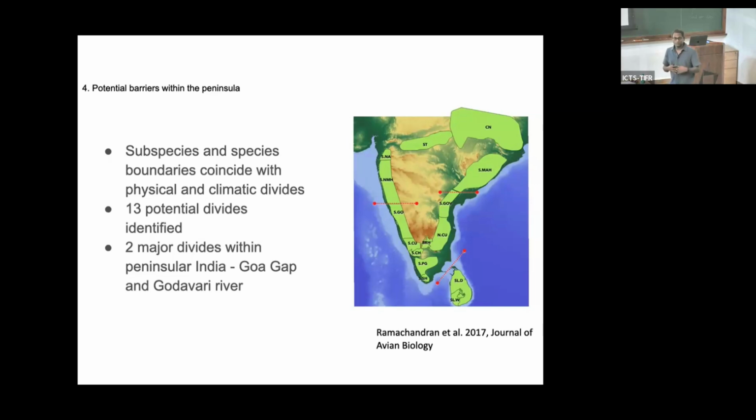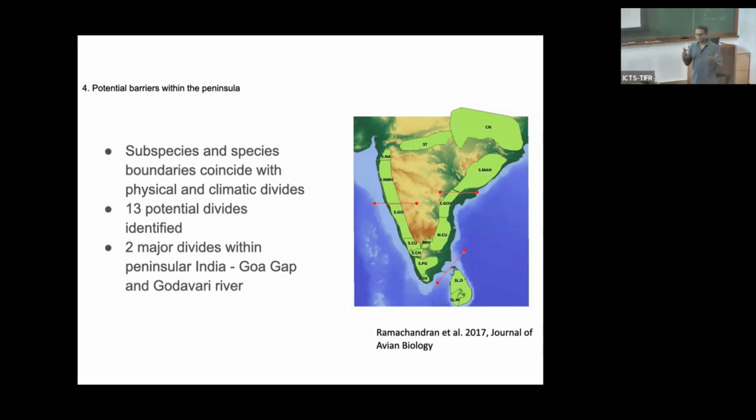And when we did an analysis of which are the major areas, so basically you're looking at numbers, where does turnover happen more? We found that it's this Goa area, the Godavari and the Palk Strait. These are the three main biogeographic barriers in peninsular India. Now this was a little bit of a surprise because Palk Strait, of course, everybody knows this.